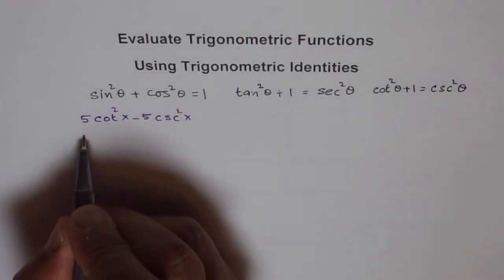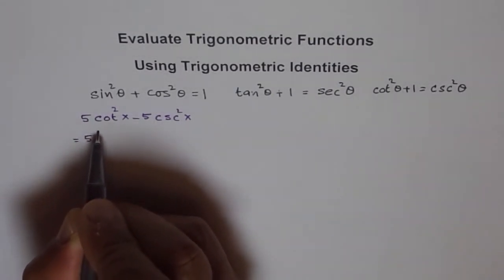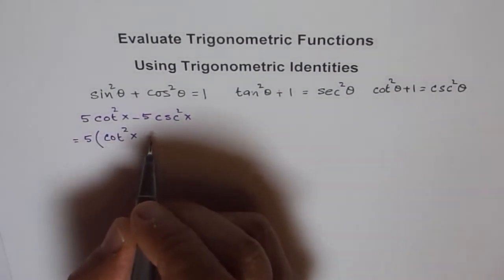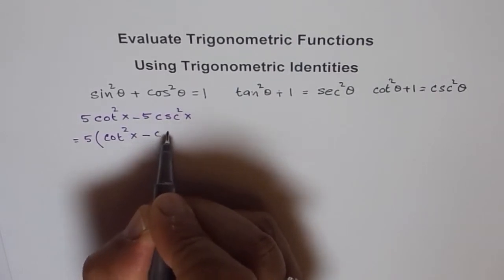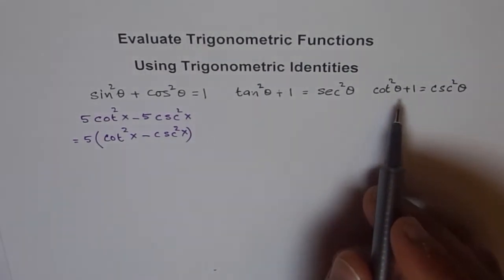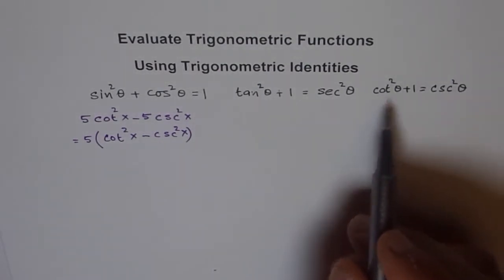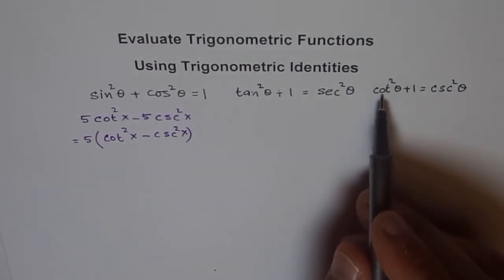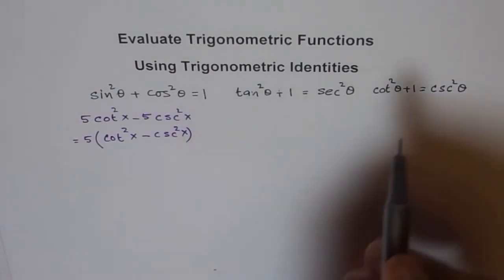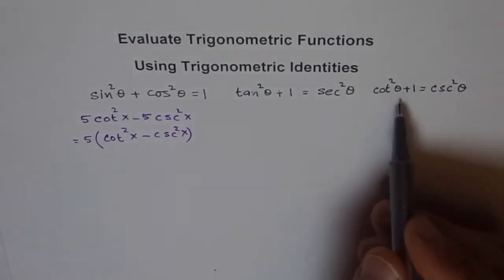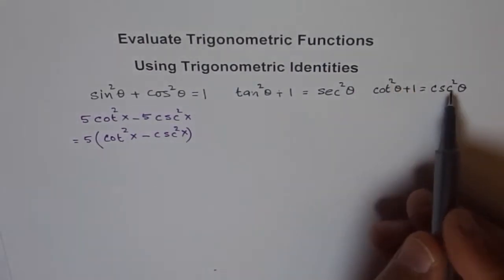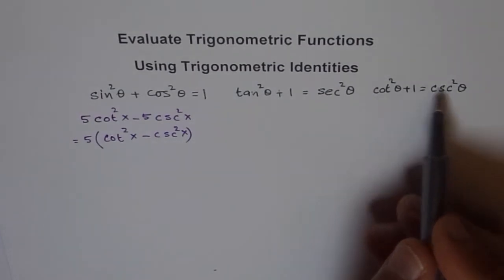So first we can take 5 common, and we get 5 times cot square x minus cosecant square x, right? Now from our identity we can write cosecant square x as cot square x plus 1. So we can rearrange the identity: bring cot square theta here, and we get cot square theta minus cosecant square theta equals minus 1.